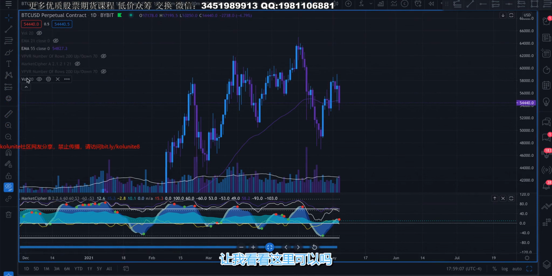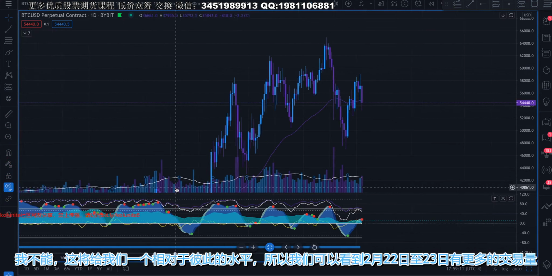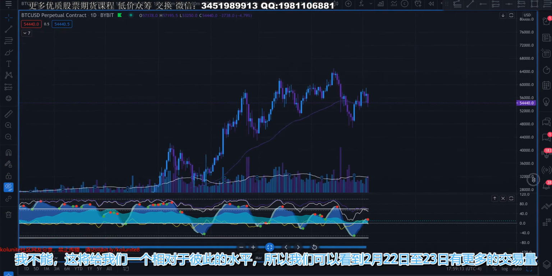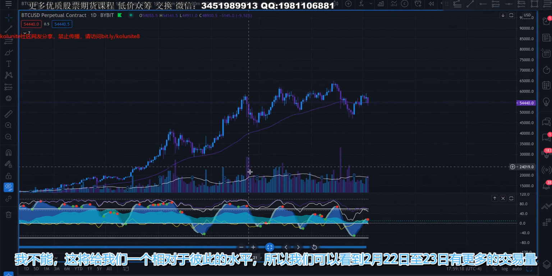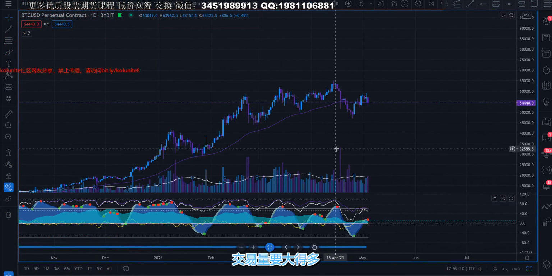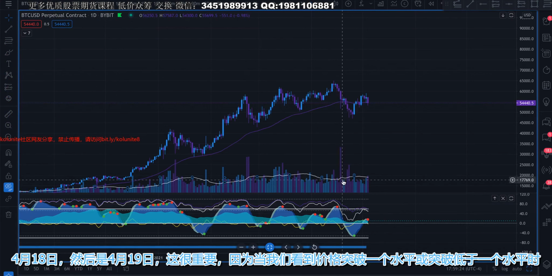And this will give us levels relative to each other, right? So we can see that there's more volume traded on February 22nd and 23rd than there was on February 24th. There was much more volume traded on April 18th than there was on April 19th.